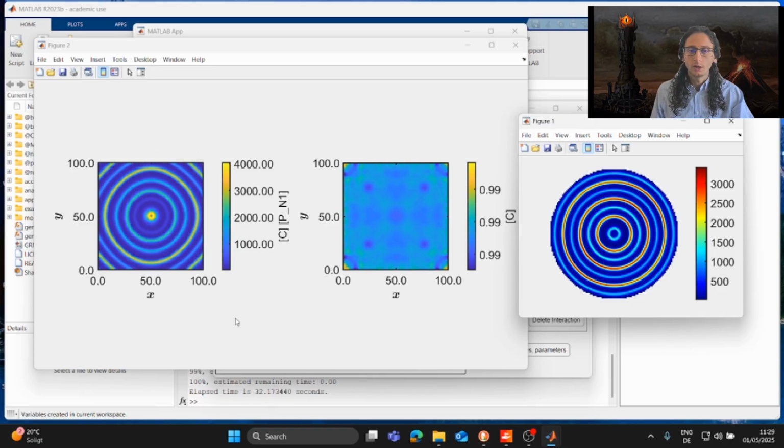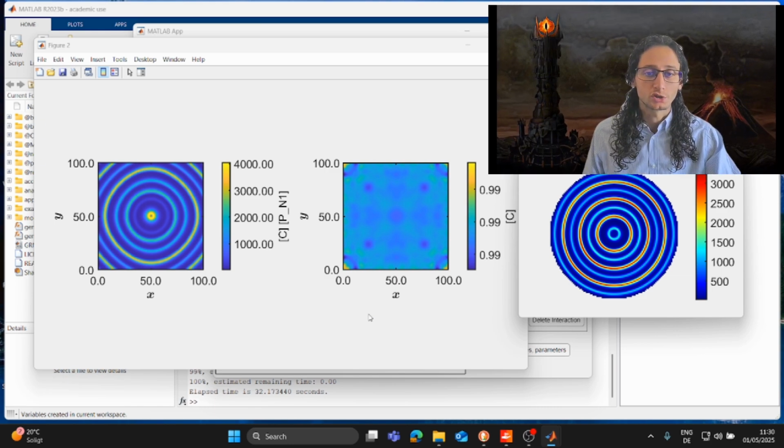So basically this is all 0.99. And if we look at the pattern on the left, we see that it nicely matches what we obtain with the 2D pattern. We have a high peak, a low peak, high peak, low peak, and so on. And you notice that we were obtaining multiple plots as the simulation was evolving.